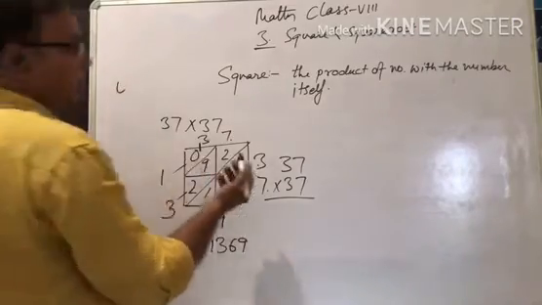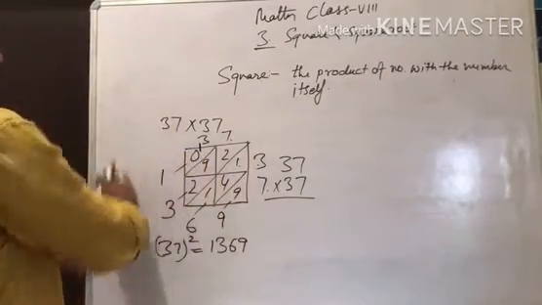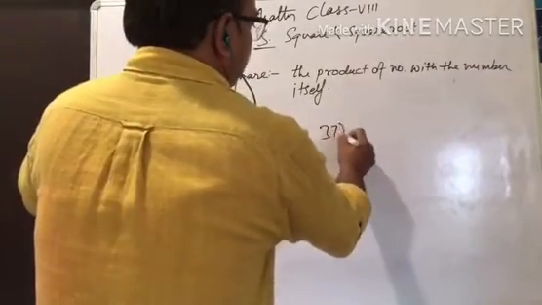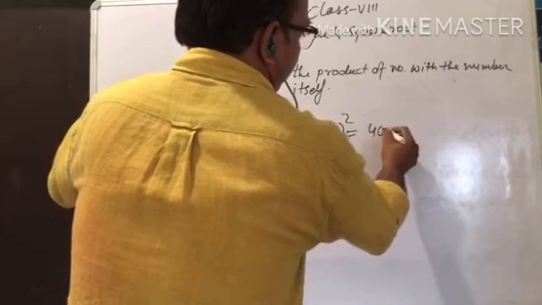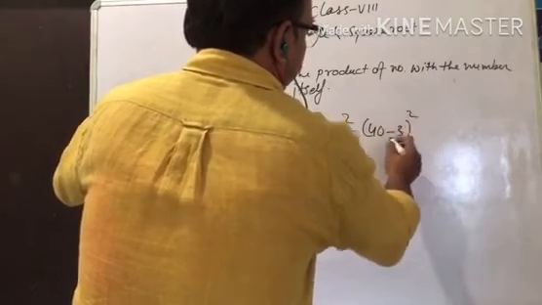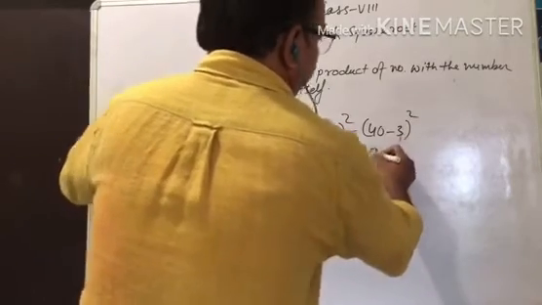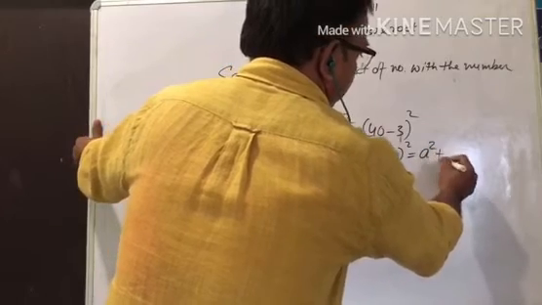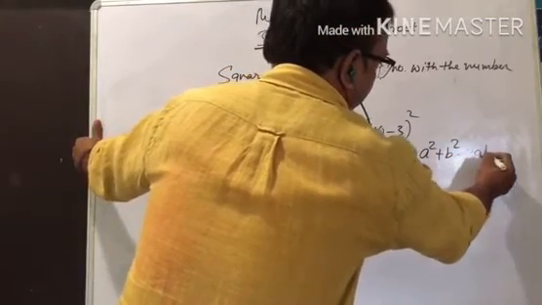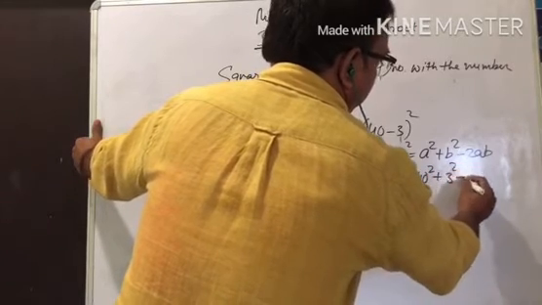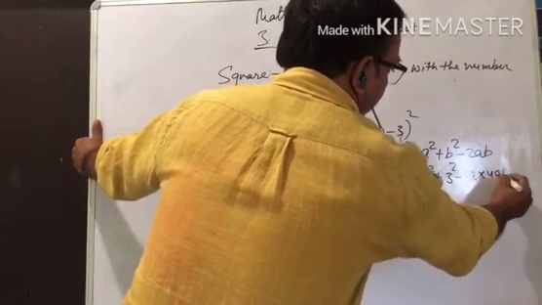There is another way also. You can use the identity of algebra. I think you learned (a plus b) identities, so 37 square is equal to 40 minus 3 whole square. Then you can use the identity of a minus b whole square, which is equal to a square plus b square minus 2ab. So it will be 40 square plus 3 square minus 2 times 40 into 3.